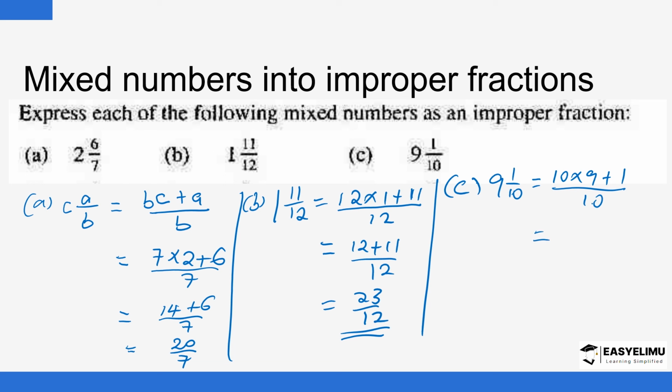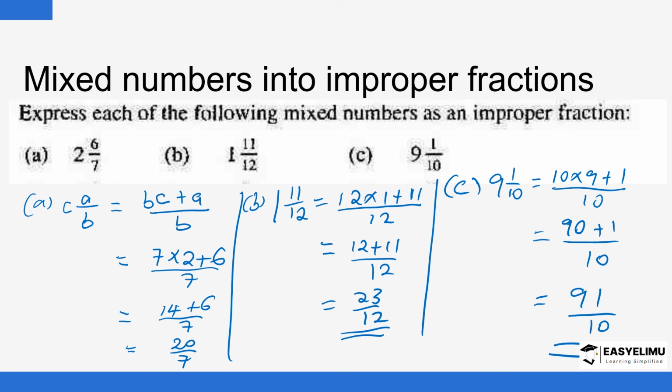So that is going to be 90 plus 1, which is going to be 91 over 10.